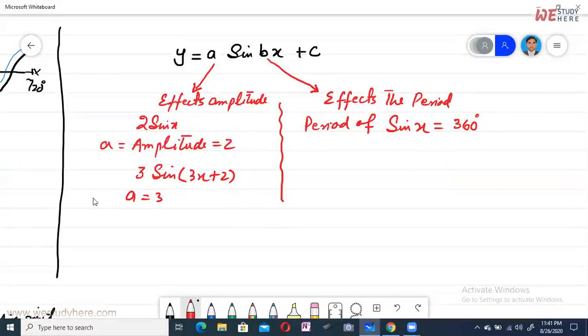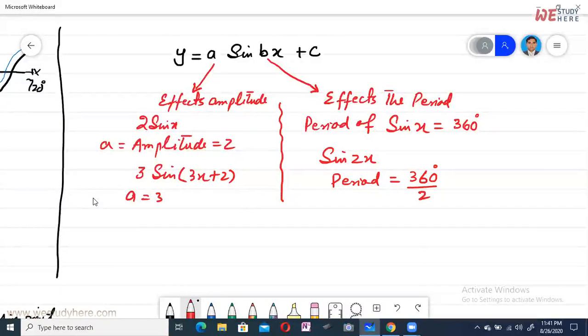Then how will this b make the period change? If the function is sine of 2x, then the period of this function will be: if sine x, then 360, then sine 2x will be 360 divided by 2.